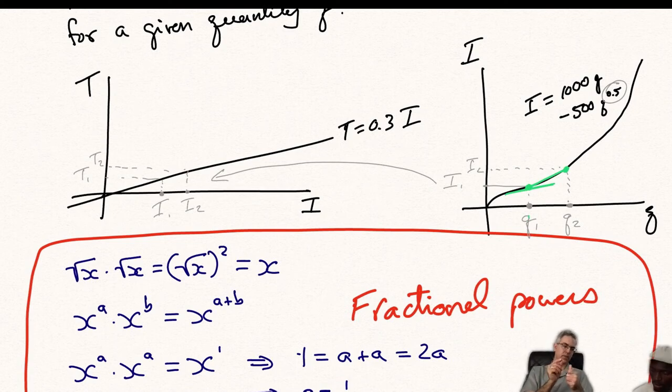The marginal is if I change the independent variable, right?